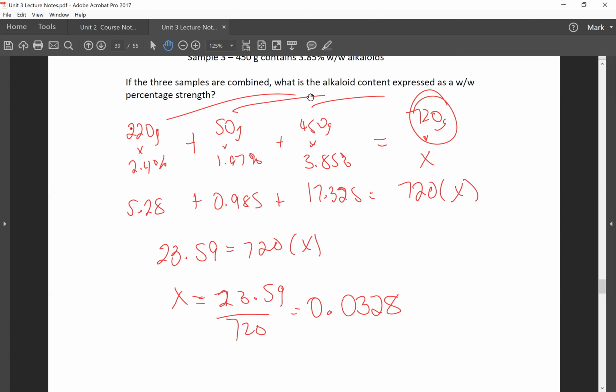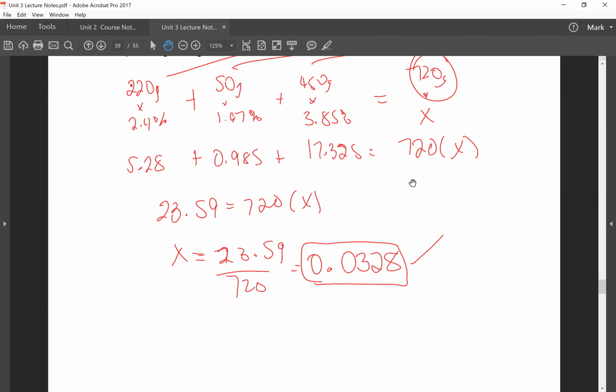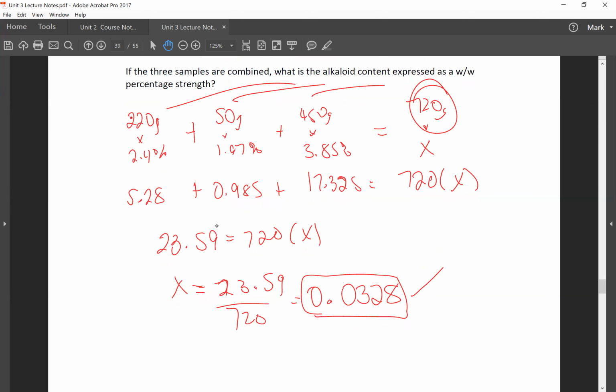Now, one thing though, this number, and a lot of people got this in the chat, that's great, but don't forget that what I'm looking for is the percentage strength. So I'm going to multiply that by 100 to get my final answer.